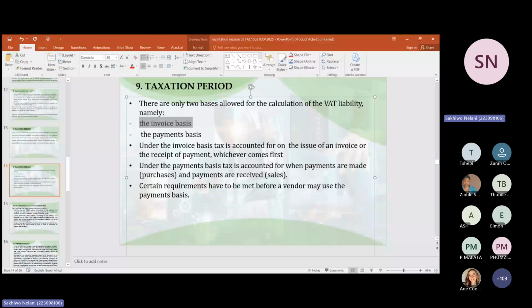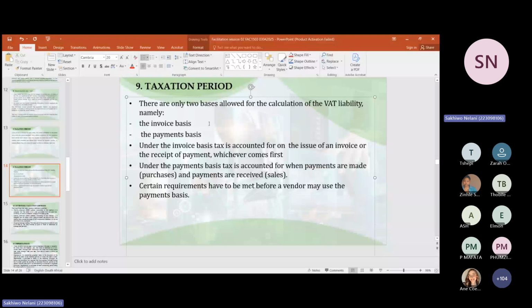But it does happen that there are those who purchase the product on a cash basis. You generate the slip that is inclusive of the invoice. So these are the bases for determination of your VAT liability. It's either you make a determination on the basis of the invoice, or on the basis of payment.